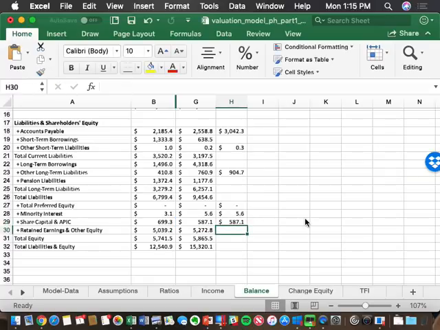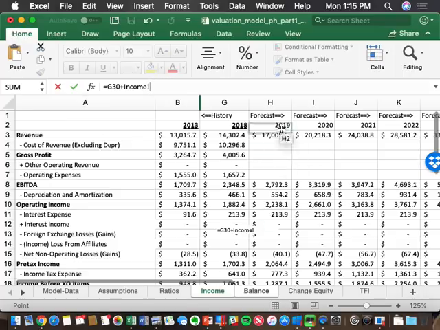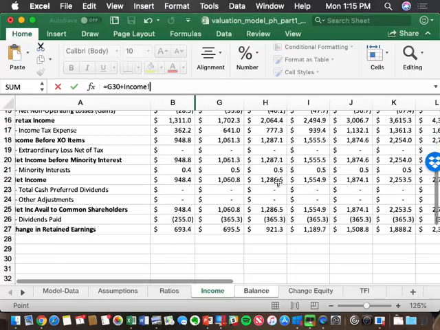The way we're going to solve for the correct retained earnings is for cell H30 equals the previous year, G30. We take whatever our retained earnings started with, and then add, off the income tab, starting in column H, H27, which is the change in retained earnings from the income statement. Because we know net income after dividends is how much retained earnings should go up.